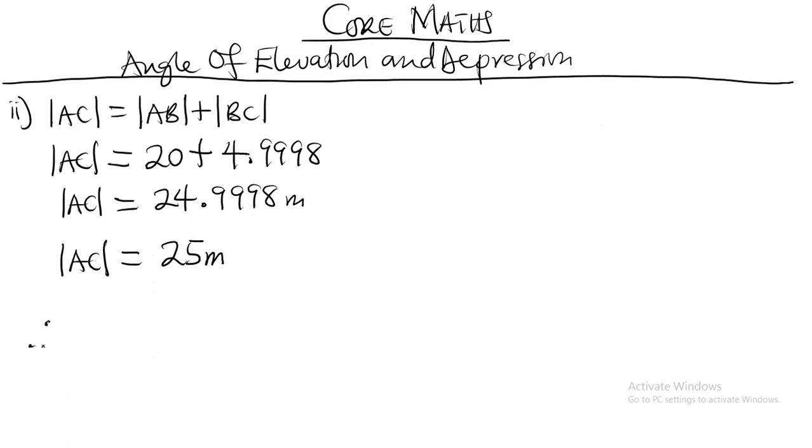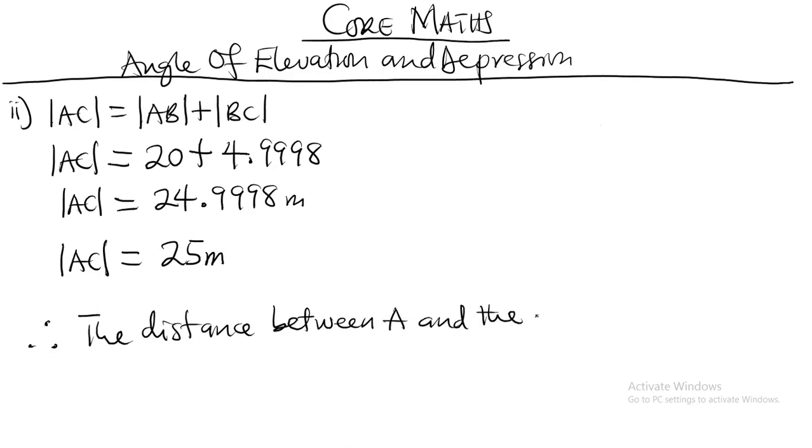So let's conclude. Therefore, the distance between A and the foot of the tower is 25 meters.